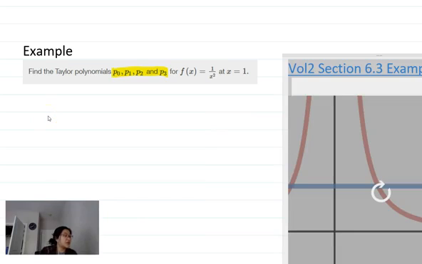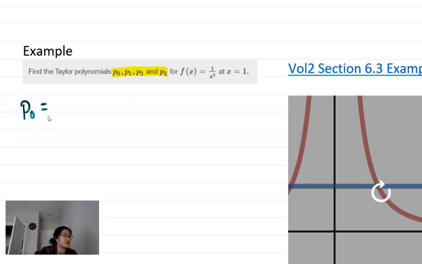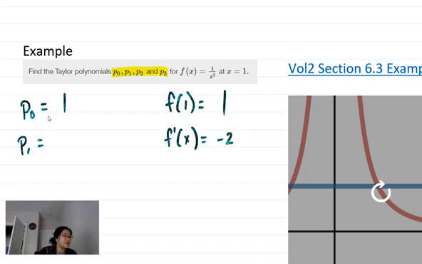So our first Taylor polynomial is really easy, our p0, because what does that mean? That we just need our function evaluated at 1. And what is that? That's 1. So we have p0 is 1. P1 is going to be p0 plus, and what's our first derivative? Our first derivative is negative 2 over x cubed.